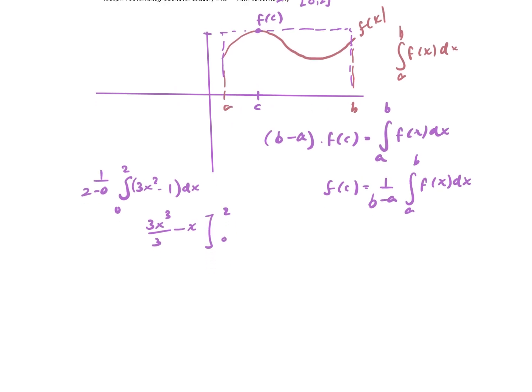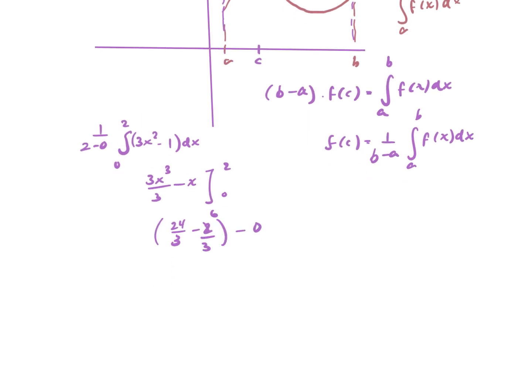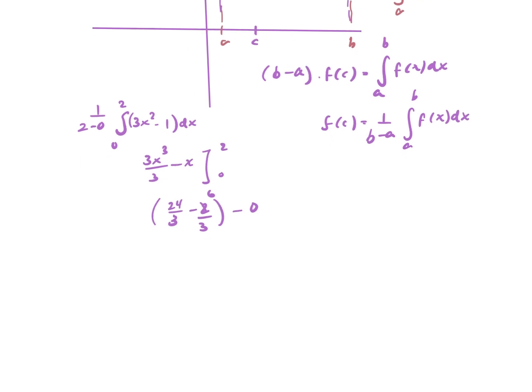So that would give us 8 times 3, 24. So 24 over 3 minus 2, and then minus 0. So this could be 3, a 6. So 18 over 3, which is 6. But then it's over 2, so I have to bring this back in. So 6 over 2, which is 3.